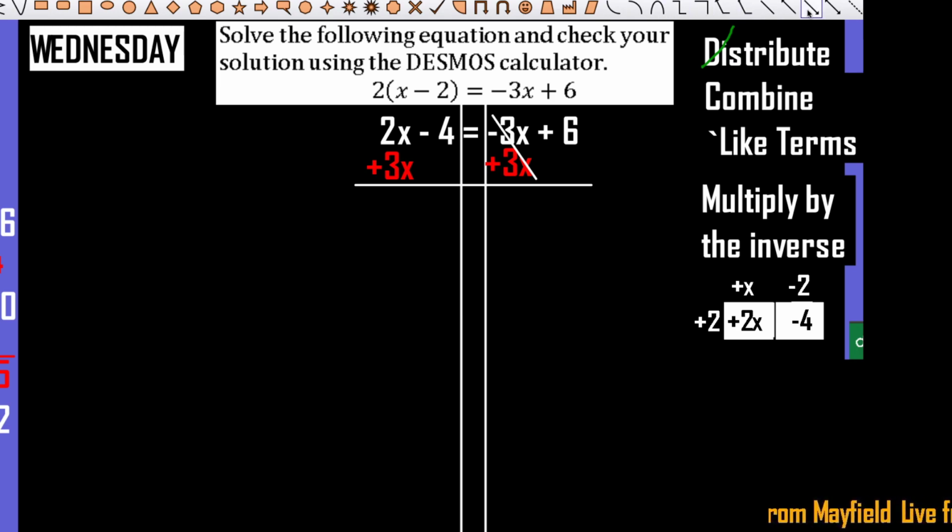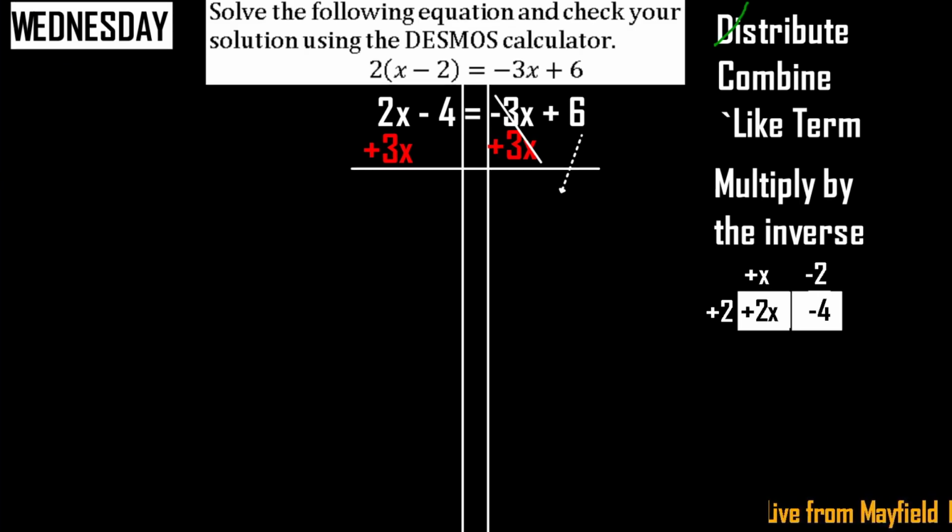Your 6x is going to come down, and we're going to have positive 5x minus 4 equals 6. So again, you can kind of notice that positive 6, since we didn't do anything on that side of the equation, still comes down. Since we didn't do anything with this negative 4, it still comes down. And so our equation currently is 5x minus 4 equals 6.